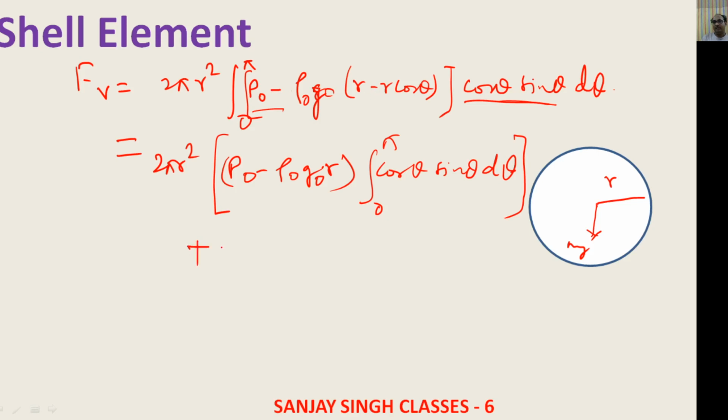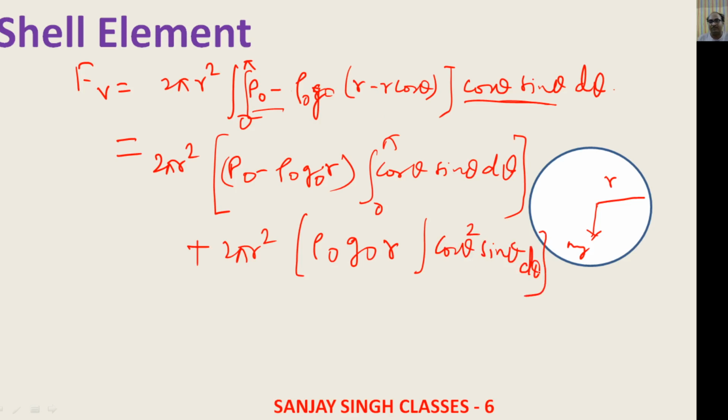So plus again 2 pi r square rho 0 g0 r, and here cos theta times cos theta will become cos square theta sin theta d theta. In this way our integration will come.